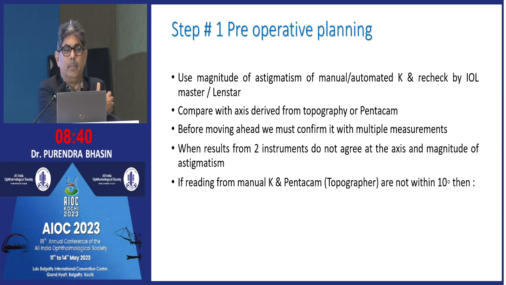My personal observation is that IOL Master and Lenstar give us slightly higher readings, and we should err on the lower side and compare with the axis derived from topography or Pentacam.